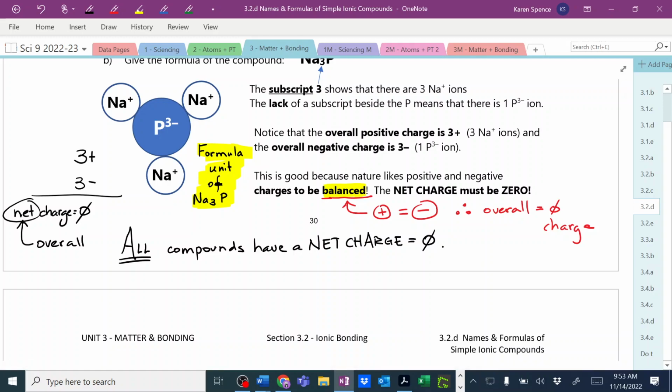So this is sodium phosphide. Remember, just one syllable and then the ide. So phos, one syllable, and then phide.